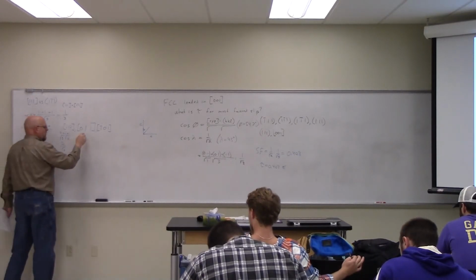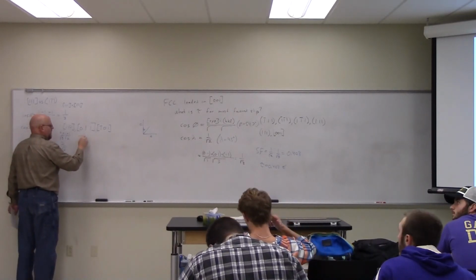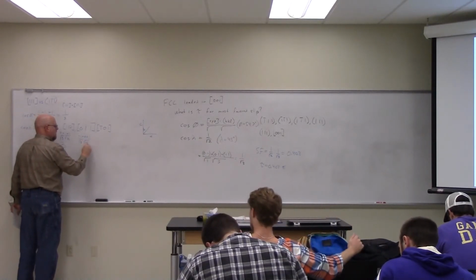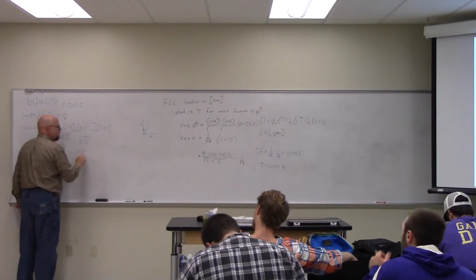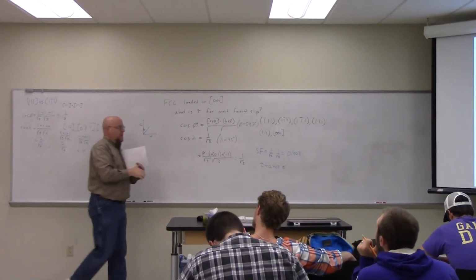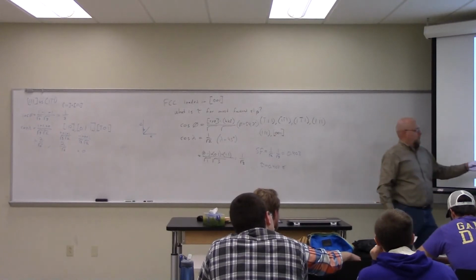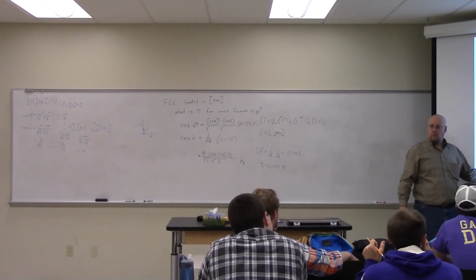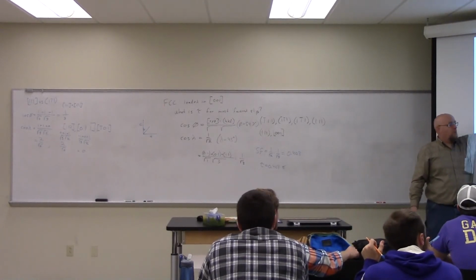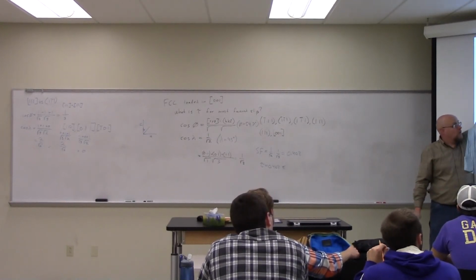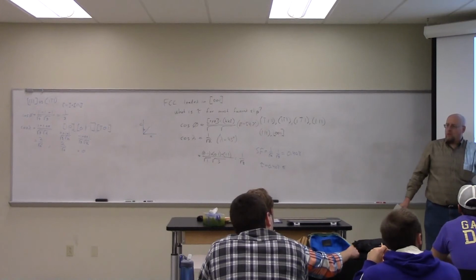For the third one, I get negative 1 plus 0 plus 1, which equals 0. Hopefully you can sense that if I'm pulling in the 111 direction, from front bottom left to back top right, that's perpendicular to that face diagonal.